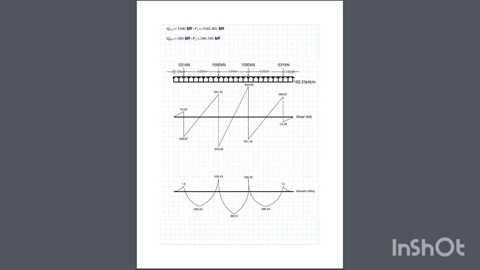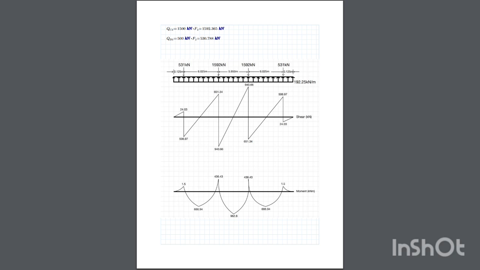QC3 is 15,000 kilonewton. F3 is 15,092.365 kilonewton. And for QD3, 500 kilonewton. F3 is 530.788 kilonewton. So here is the point load: 531, 1592, 1592, 531.